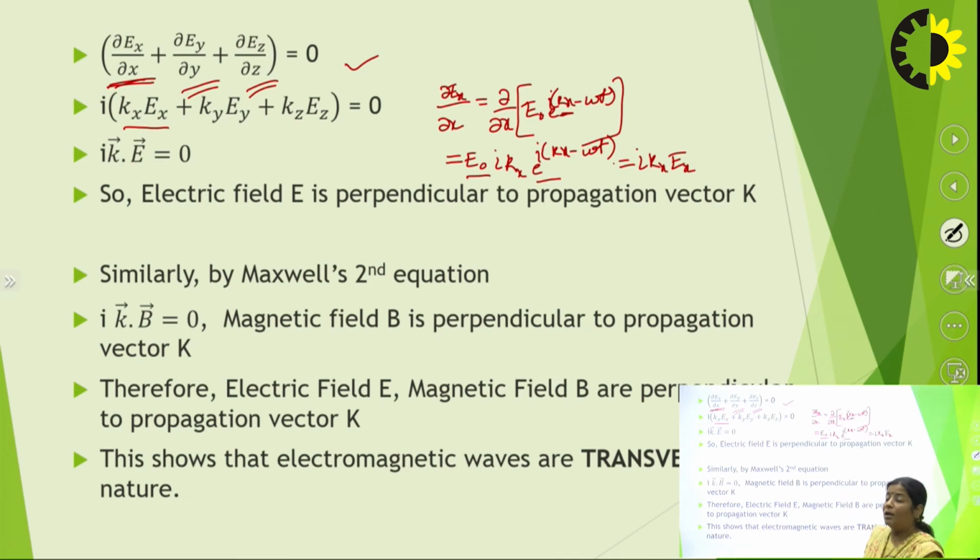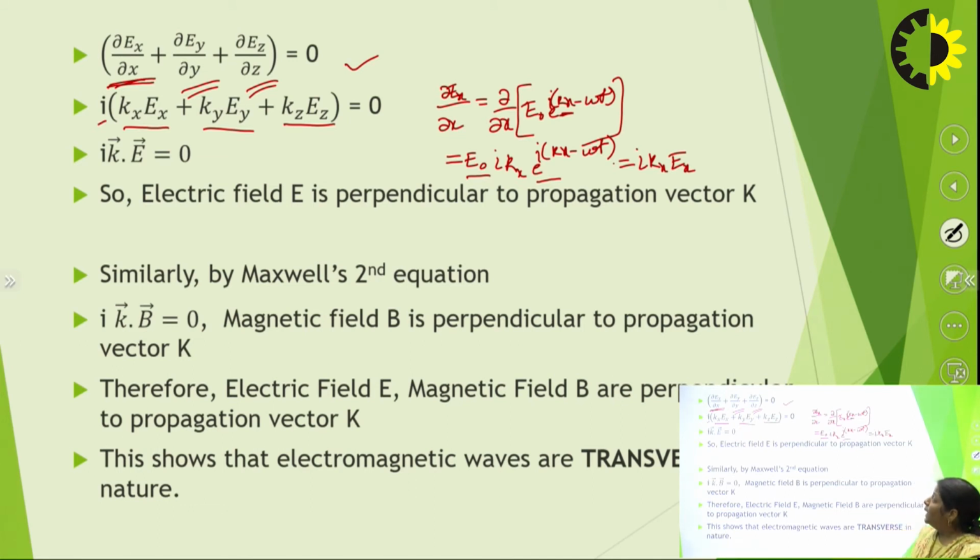Similarly, when we obtain ∂Ey/∂y, we will have this ky Ey, and for ∂Ez/∂z we will have this kz Ez. In all these three terms, we will take i common. So we will have kx Ex plus ky Ey plus kz Ez.